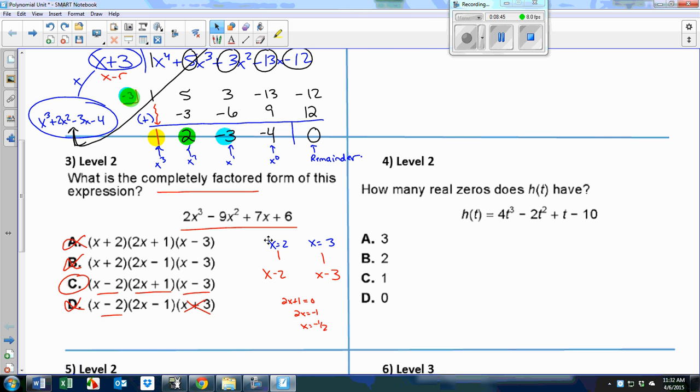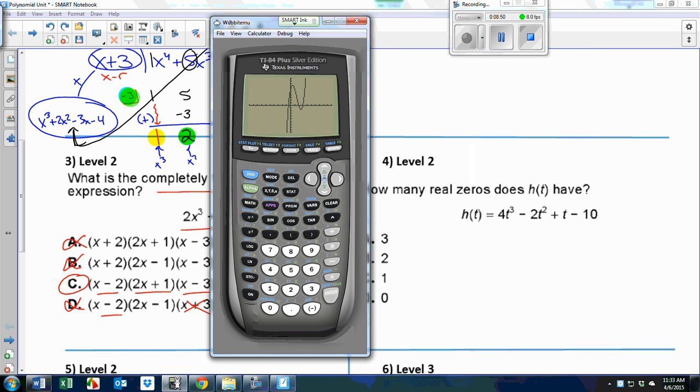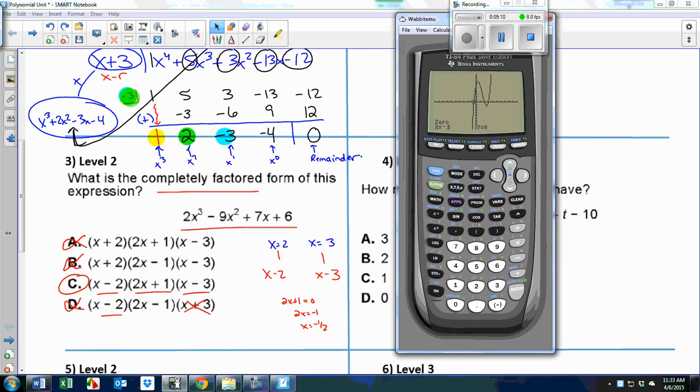This third intersection point that we said looked like a decimal or a fraction, second calc 0, send that cursor left of -1/2, send that cursor when it asks for right bound to the right of -1/2. Don't guess, remember, hit enter one more time, and that third 0 is -0.5. So it confirms that answer.